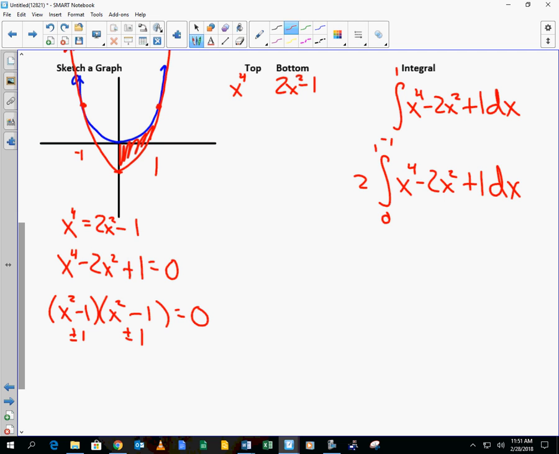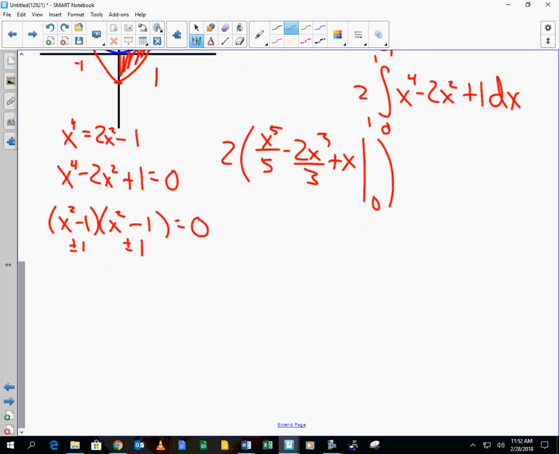Good? So I got 2 times x to the fifth over 5 minus 2x cubed over 3 plus x evaluated from 0 to 1. What do I plug in? Plug in 1, and we get 2 times 1/5 minus 2/3 plus 1. And when I plug in 0, I get 0.